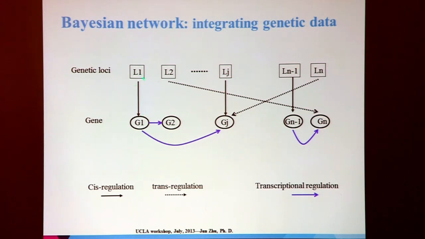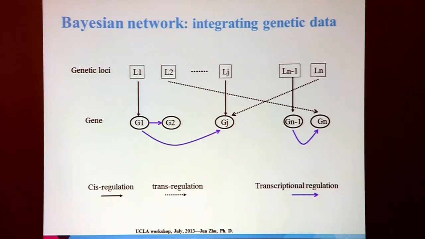You can see some of the links are cis regulation, with direction from here to here. In general the genetics is only on the top layer, but some nodes are under not only cis regulation but also trans regulation. This is a little more complicated and also has feedback control.